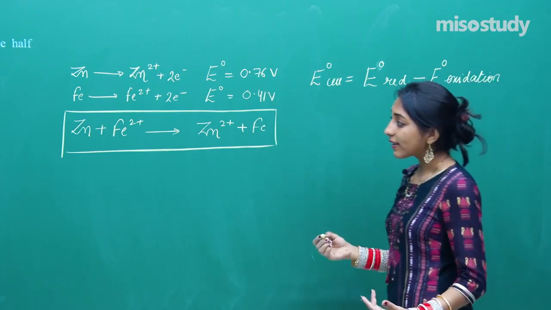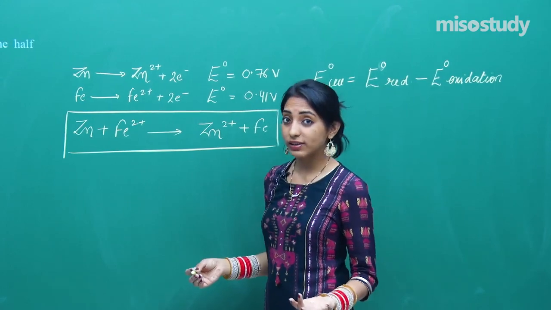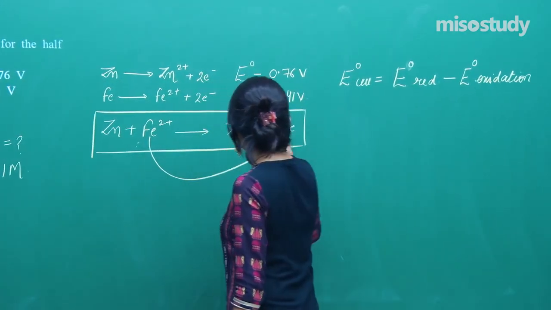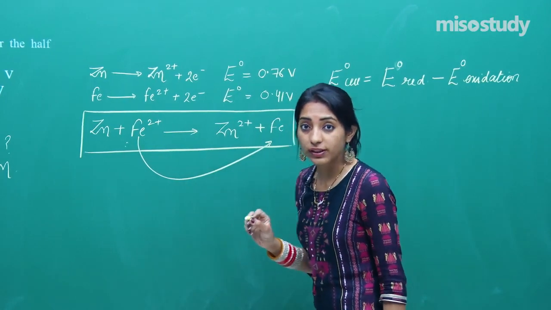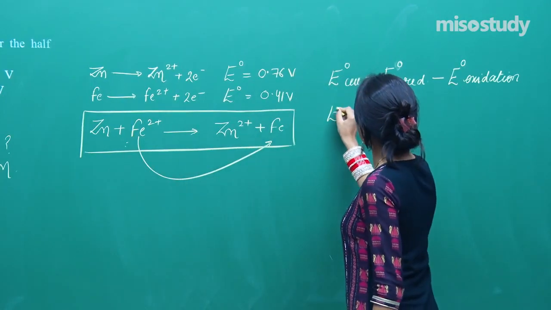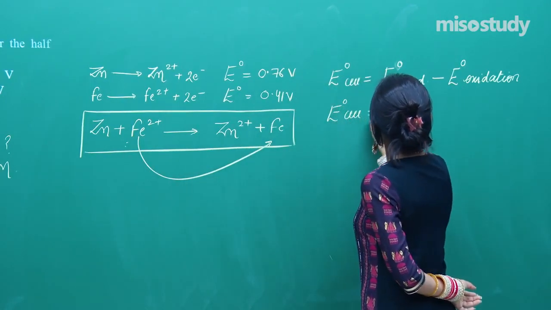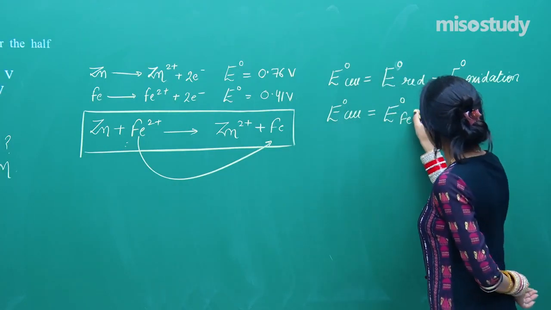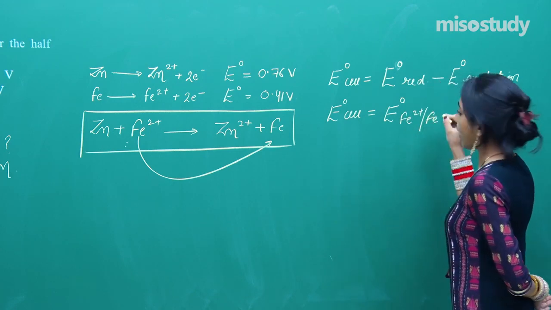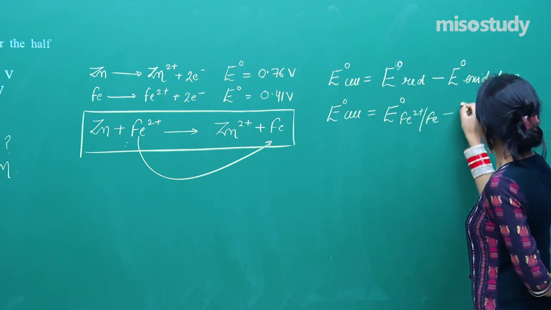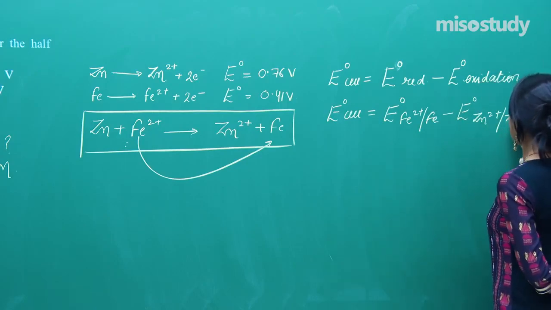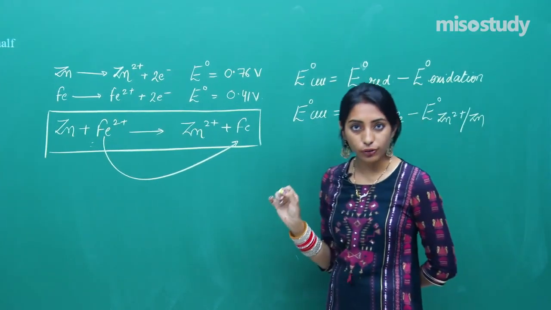Let us figure out where reduction and where oxidation is taking place. According to this cell, iron 2+ is getting reduced. So E naught of the cell is E naught of reduction of Fe2+ to Fe, minus E naught of Zn2+ to Zn. You need to substitute the values.